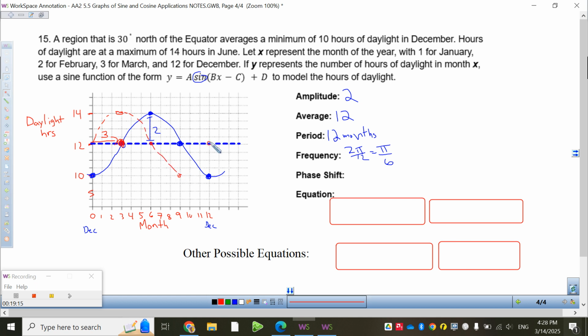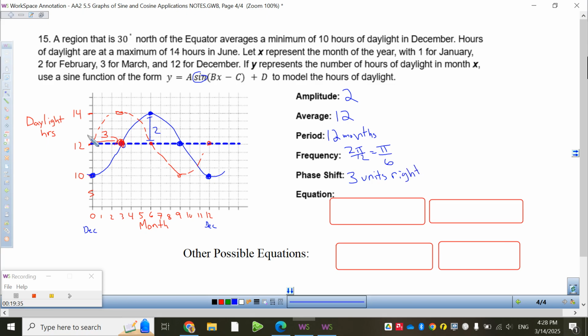And then we'd be back to the middle there. So this would be just my normal sine graph. And I notice that this blue line that I have is shifted over by 3 units from that. So my phase shift is 3 units right. Or in this case, it would be 3 months right. Okay? All right.